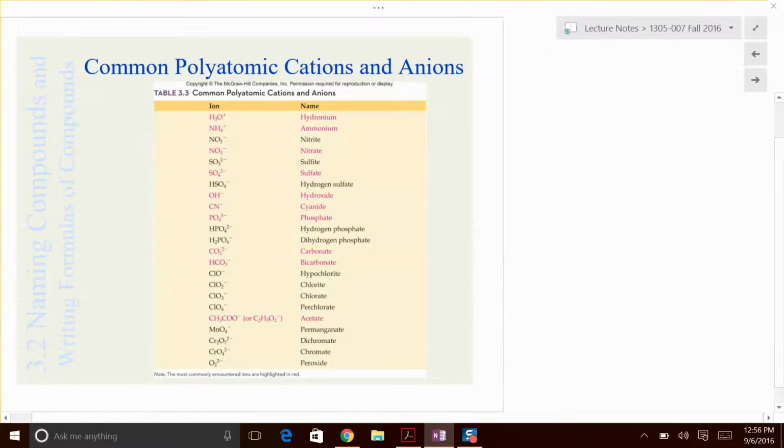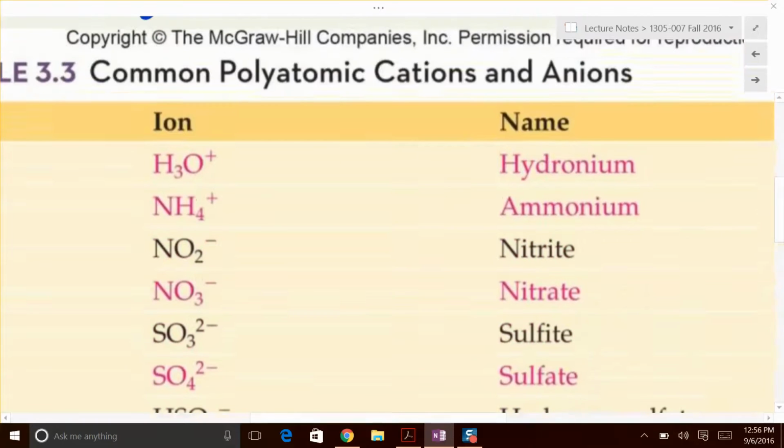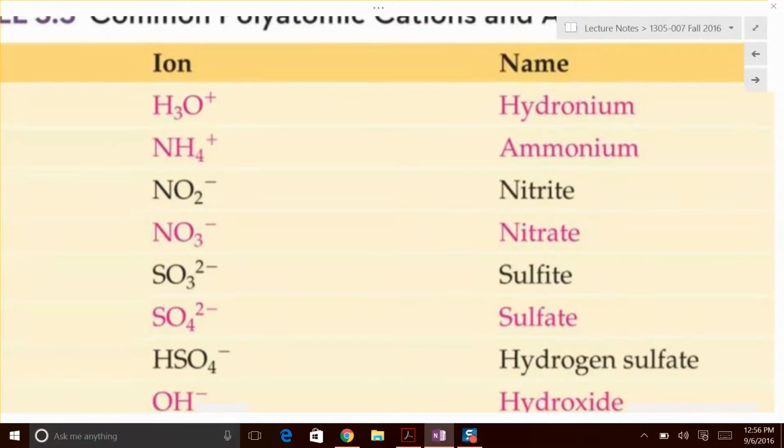All right, here's the chart. We have things like hydronium. So these are your cation ions. Those are basically the only cation ions you're going to see. Like I said, NH4, that's the one you've got to watch out for. You're not going to see H3O plus a lot with compounds, but you will see NH4 at times with different elements.